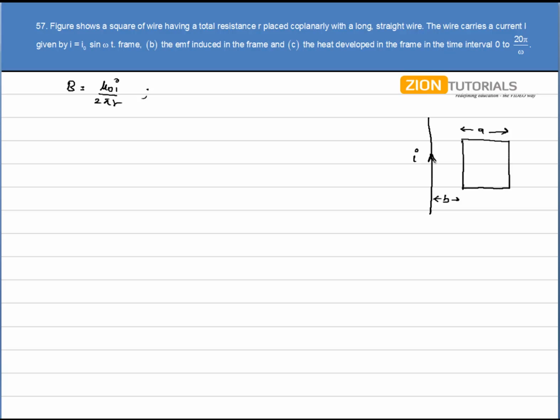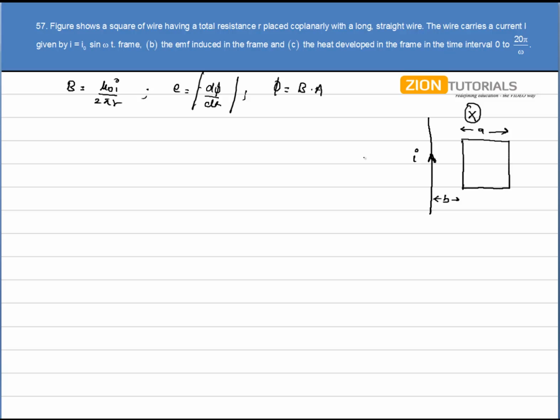The direction of the magnetic field passing through this loop is inside. Now we have to calculate EMF, that is given by minus d phi by dt, if we talk about magnitude, and the flux passing is given by B into A.